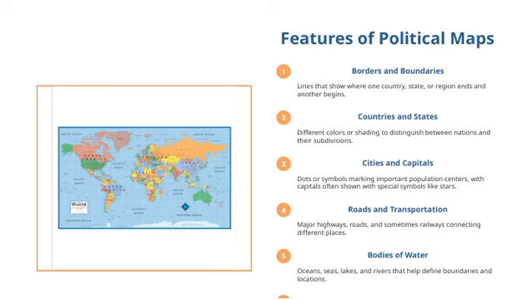Lastly, labels and names are included to identify countries, states, cities, and other important locations. These textual elements give context and clarity to the map, making it a useful tool for navigation and learning. Together, all these features work to provide a clear, detailed picture of the political landscape, which is fundamental for understanding geography and how different regions are connected.